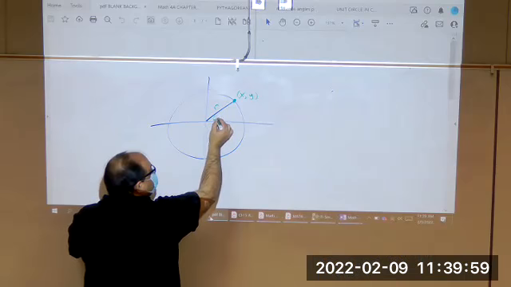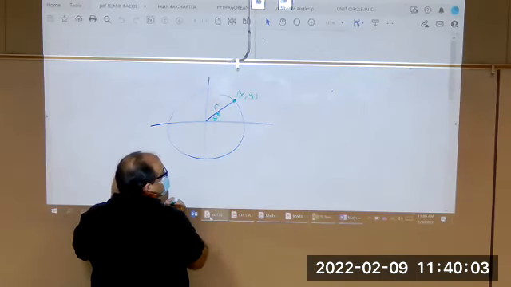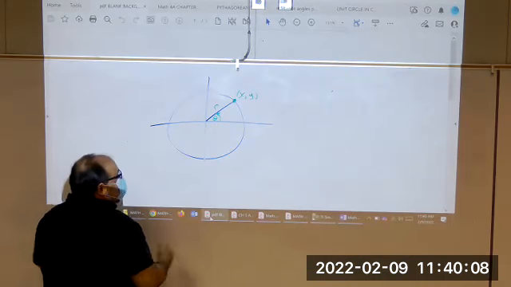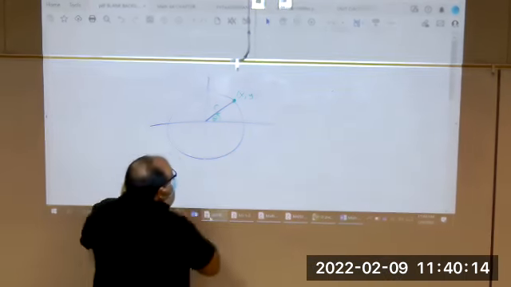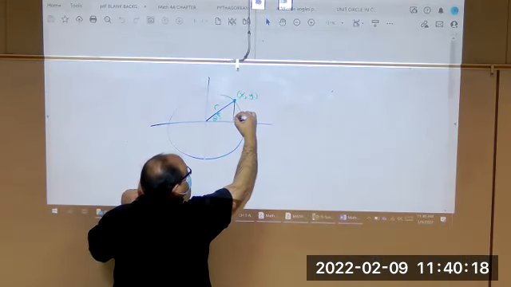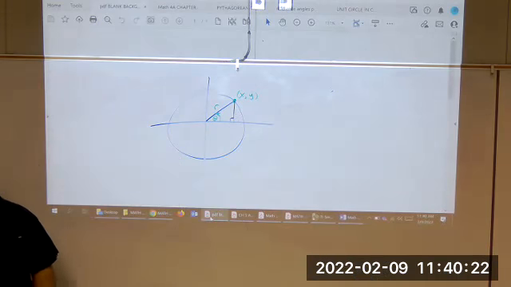This is the angle theta in standard position on the circle. You can't make sine, cosine, or tangent unless you have a right angle. You can always make a right angle if you just take this point and go perpendicular to the x-axis. So you're always going to be able to generate a right triangle from that point.